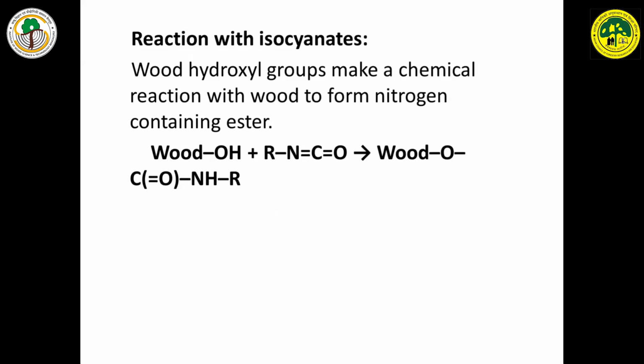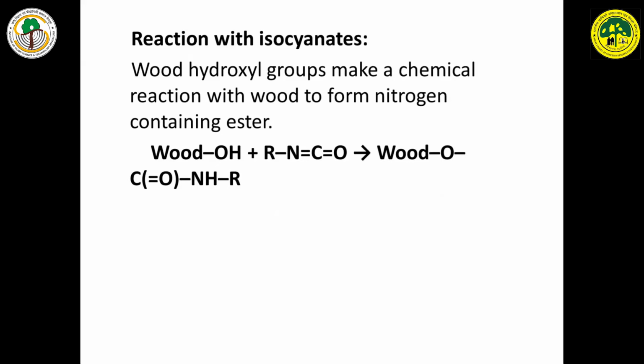Here wood hydroxyl groups make a reaction with the isocyanates. Isocyanates are represented as N double bond C double bond O. These isocyanates form the nitrogen containing esters. So here the nitrogen is present along with the OCONHR. That is called amides, actually, according to functional group.